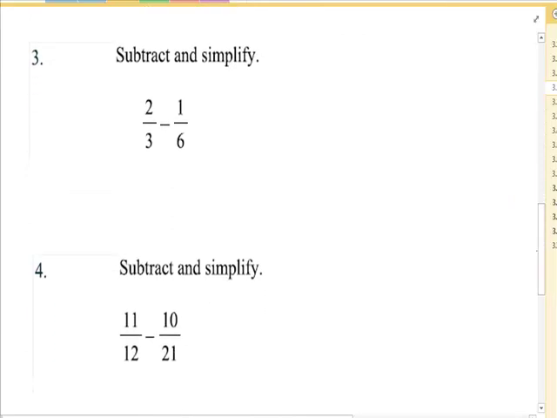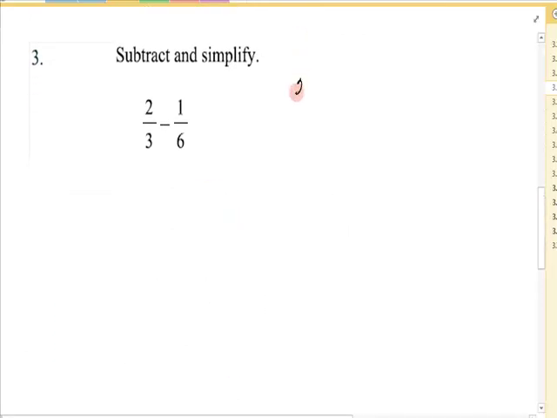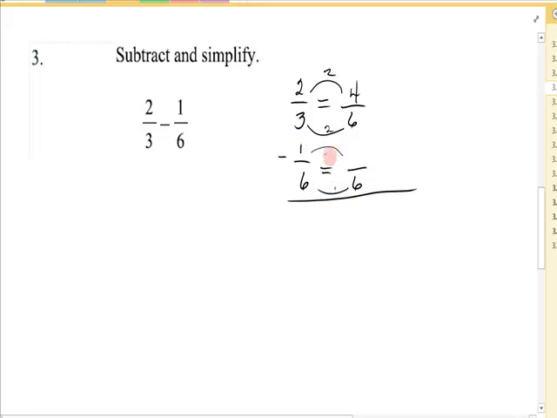Let's look at number 3. I have 2/3, and I'm subtracting 1/6. I have to have a common denominator. I look to the big one. Will it work? Yes, because 3 goes into 6 evenly. 3 goes into 6 2 times, and 2 times 2 is 4. 6 goes into 6 once. 1 times 1 is 1.